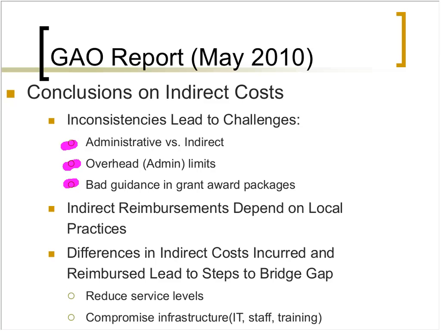And the third major consideration that they found was that there was a difference in indirect costs incurred, and that lack of reimbursement led to gaps in delivery. So people were reducing their infrastructure in IT, staff, training, etc., in order to get their limits in sync with what resources were available, and it really simply just was not enough indirect.